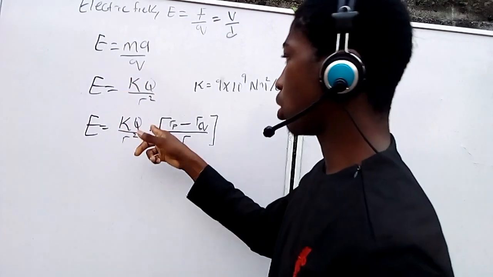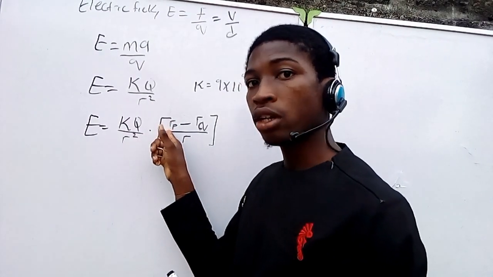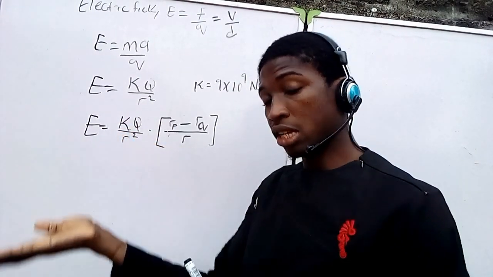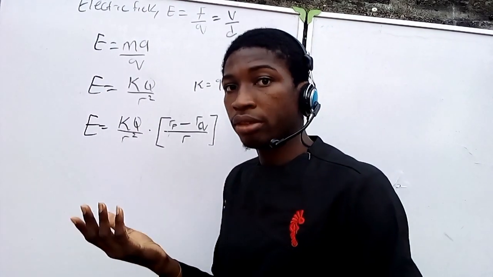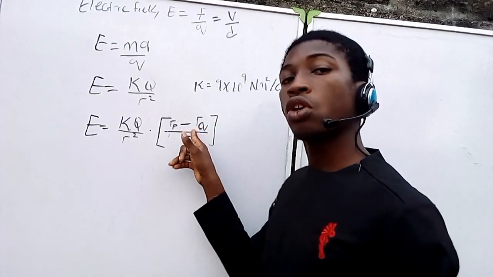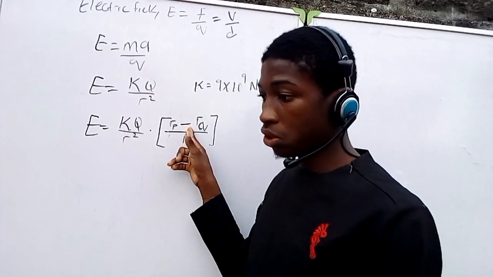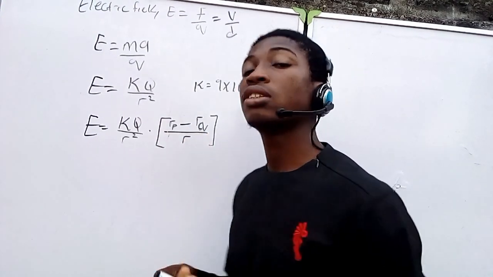and multiplied by this is where that point P is on the x-axis or the y-axis or maybe the xy plane, any of them, minus the position of where the charge is on the x-axis or the y-axis or the xy plane, all divided by the resultant distance.